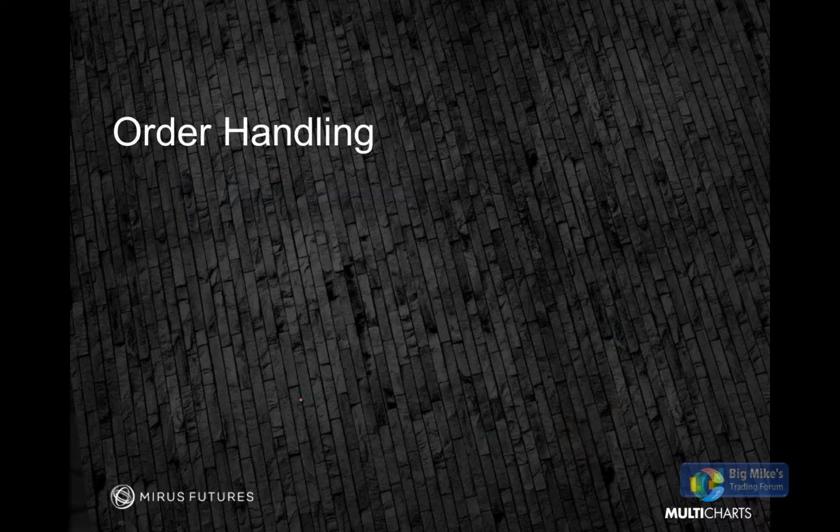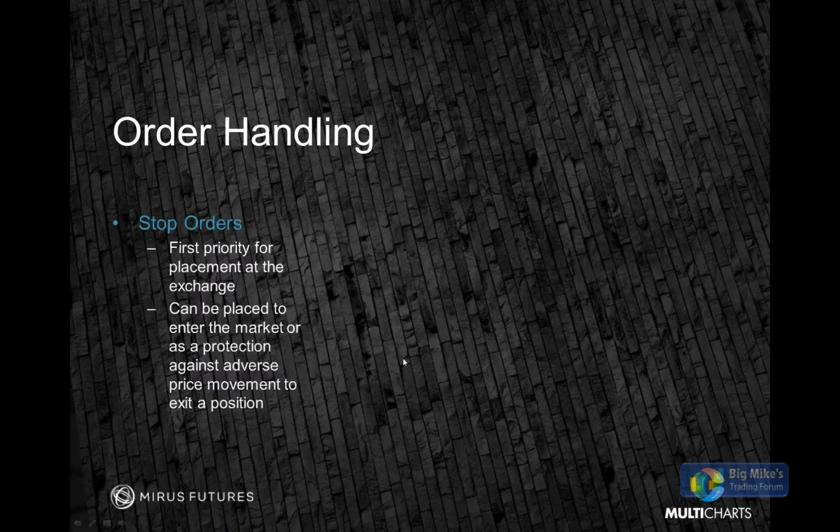Let's take a look at how orders are handled at the exchange. Regardless of where you're trading from, whether it's a computer at your home or through one of our hosted solutions, stop orders are always going to have the first priority.